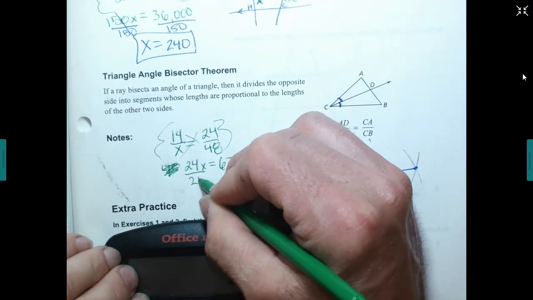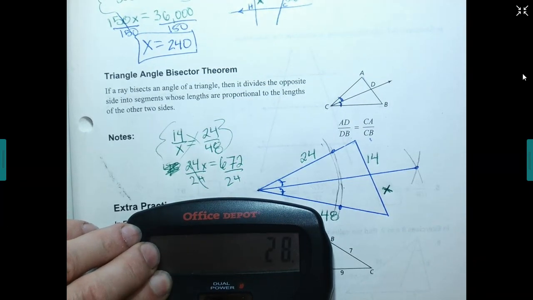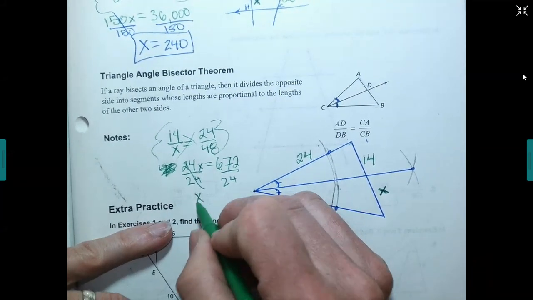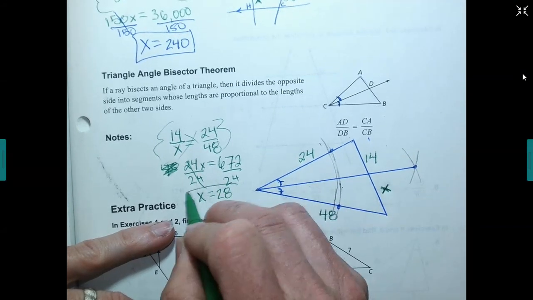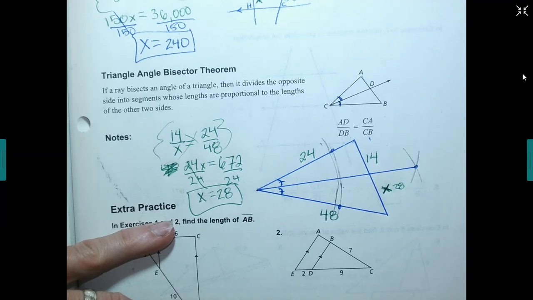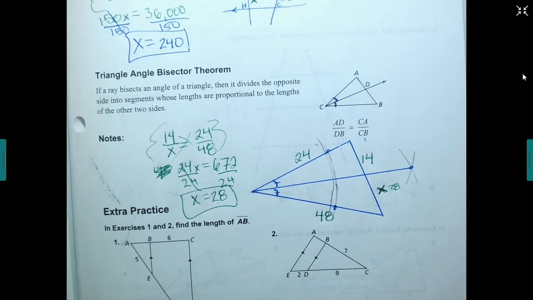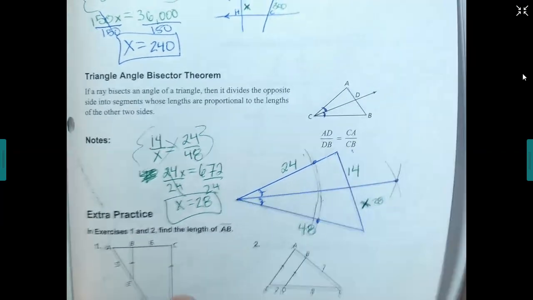And I divide both sides by 24, and I get 28. So x equals 28. So this side right here is 28. Perfect. There you go. That's how you use those theorems to solve problems.